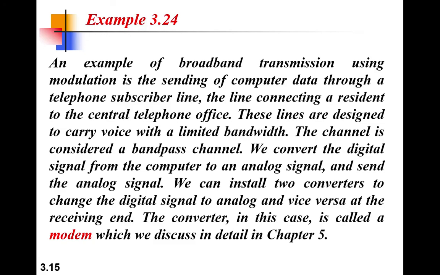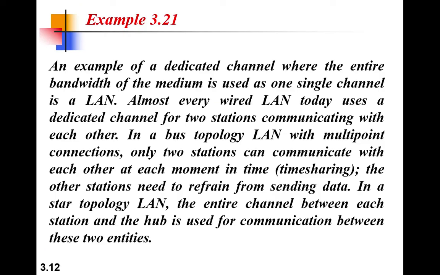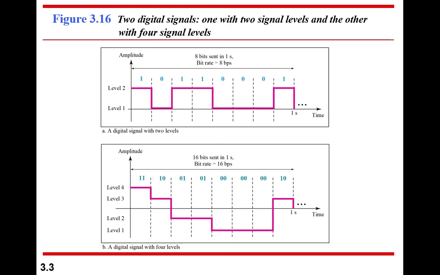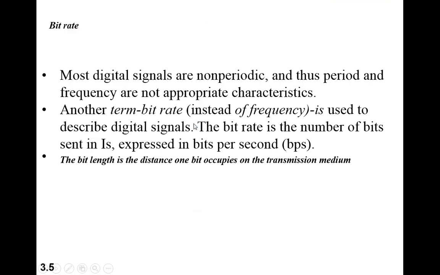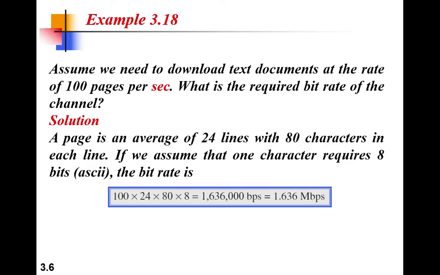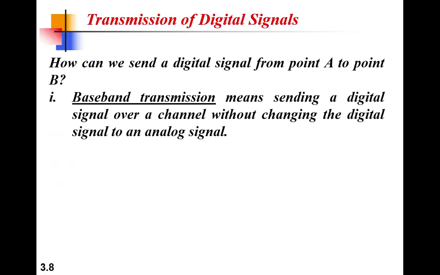Up to now we have discussed the digital signal, the bit rate, the channel, and how the digital signal can be transmitted. One is called baseband transmission and one is called broadband transmission.